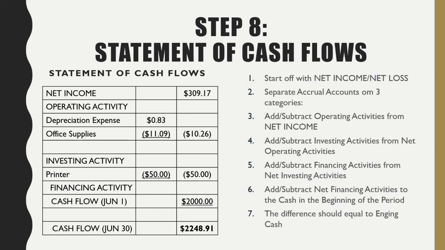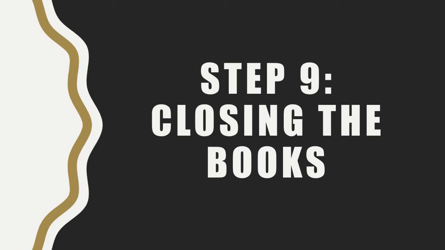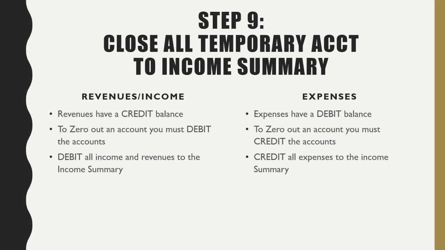Okay? So once we completed all 4 financial statements, then we move on to step number 8, which is to properly close out your books. So as we've mentioned before, how do we close out our books? We have to close out our temporary accounts.